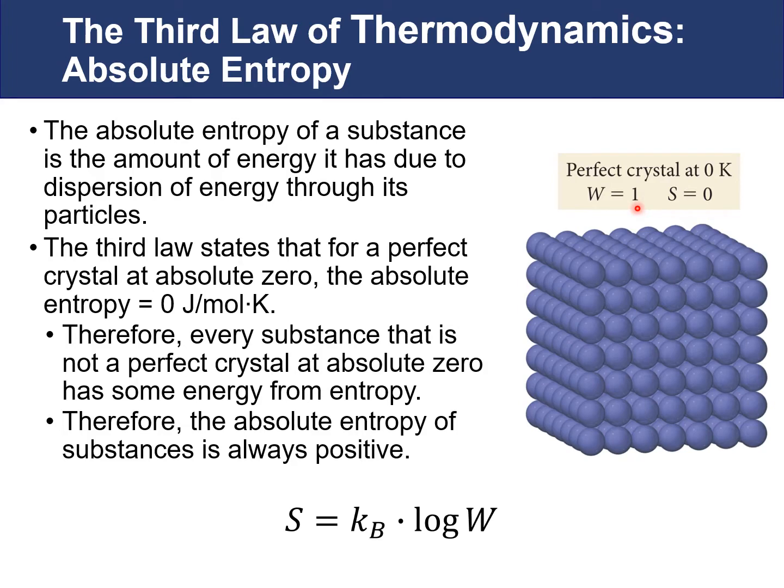If a single atom is out of place, then if we say that we have 1 mole of atoms and only one of them is out of place, then our W value would move up to be 6.022 times 10 to the 23rd power, which is a much larger value than 1. So you would be taking the log of 6.022 times 10 to the 23rd power, which would be roughly 24.